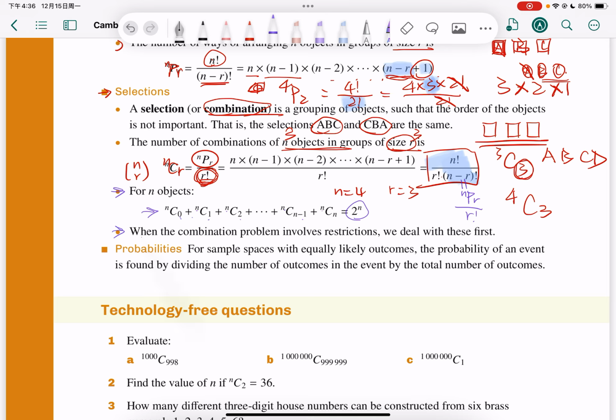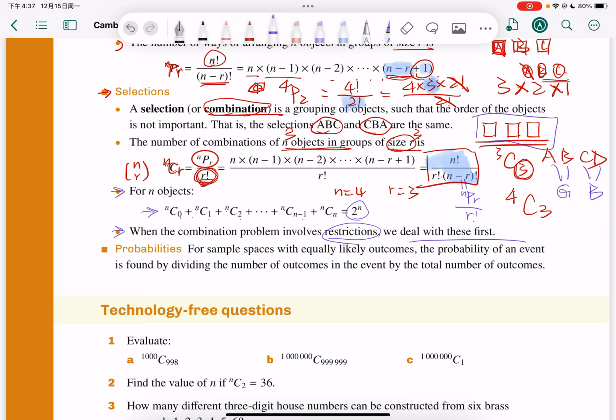When a combination problem involves restrictions, if we have some limit or specific condition we need to apply, we deal with this first. For example, in the 3C problem, let's say A and B are girls and C and D are boys.